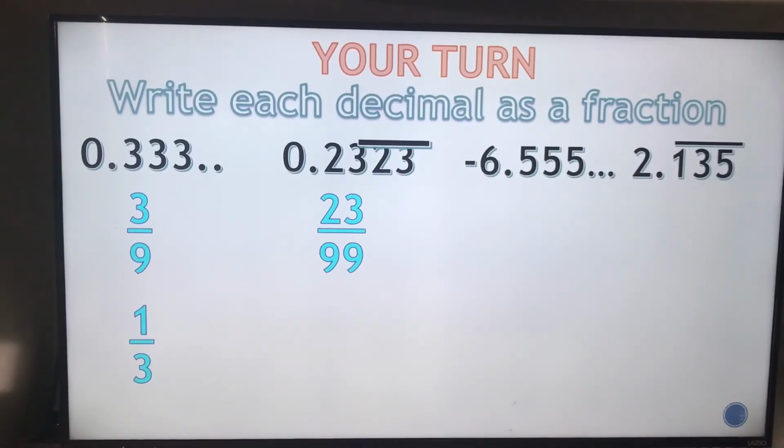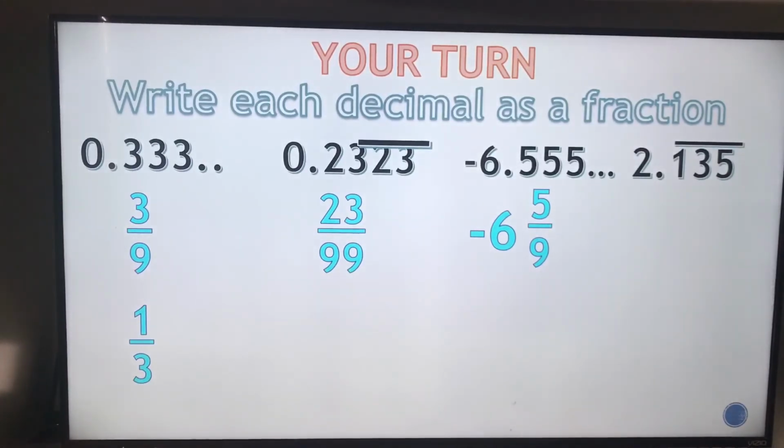Okay, this one's a little different here. I have a whole number now, but I'm still going to write my decimal over a 9 or a 99 because my decimal repeats. So what is repeating here is a 5. I'm going to write this as -6 5/9. I can't simplify my fraction anymore, so I'm going to convert this to an improper fraction.